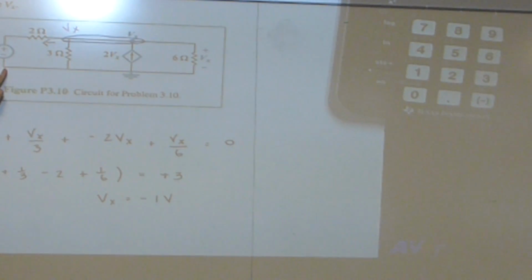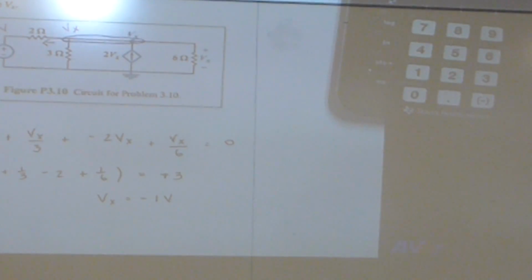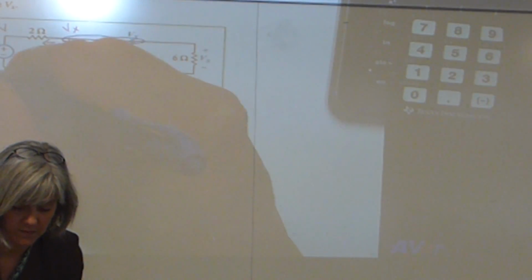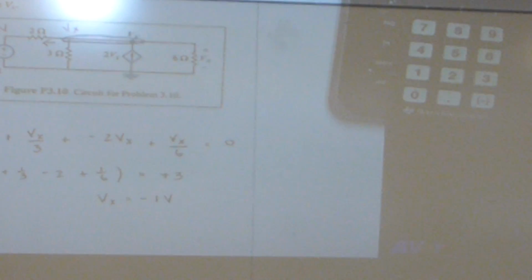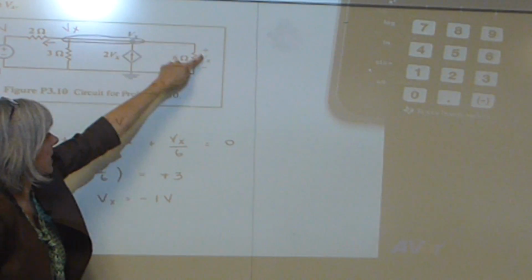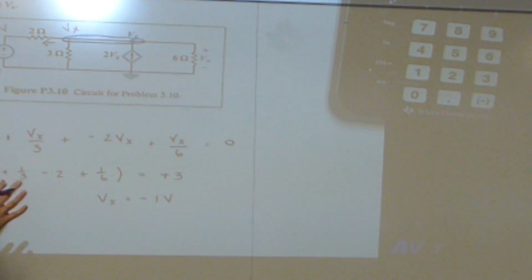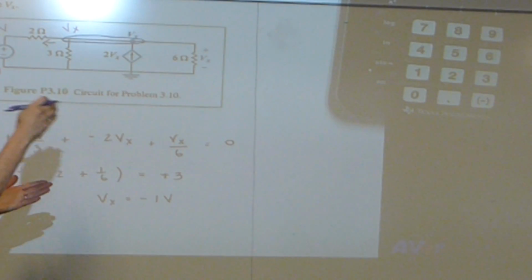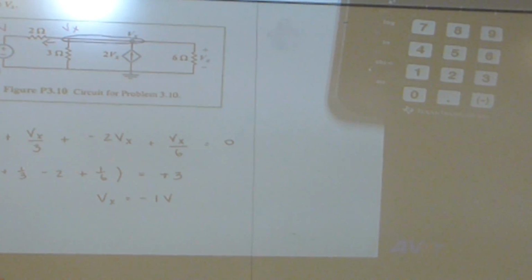This is 0, which means this one must be 6. So V sub x minus 6, because this is 0 here. For all the other ones, V sub x, the other side is 0. So again, your current through a resistor is the voltage on the near side minus the voltage on the far side divided by resistance.